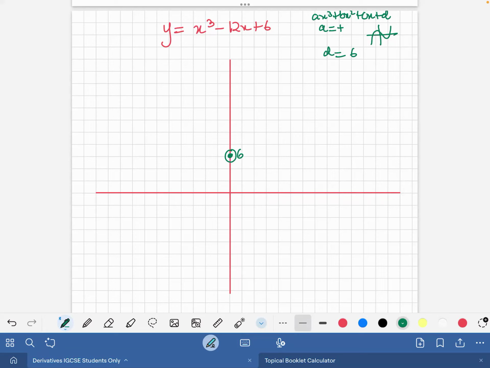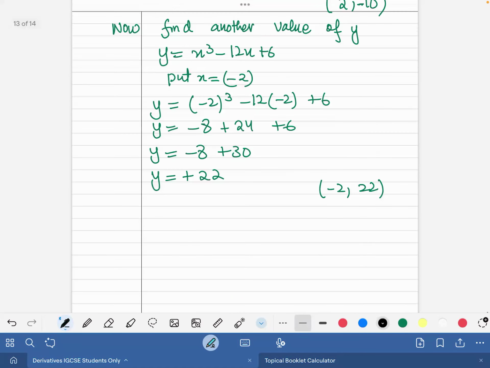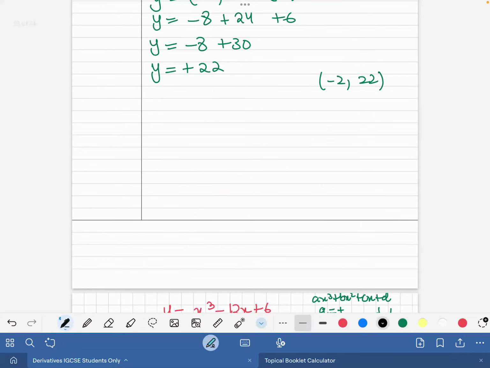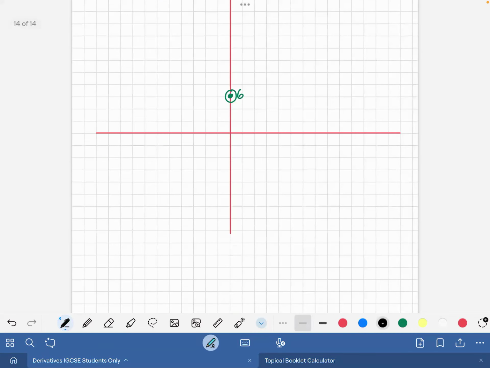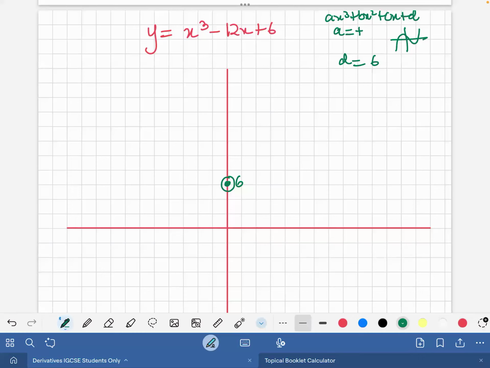No. Okay, now according to the question, in the previous part we found two turning points. One is 2 and -10, and another one is -2 and +22. So beta, -2 and +22. Let me plot the points correctly here. Like for example, this is -2 and +22, like here.